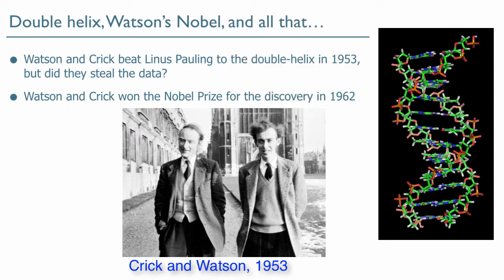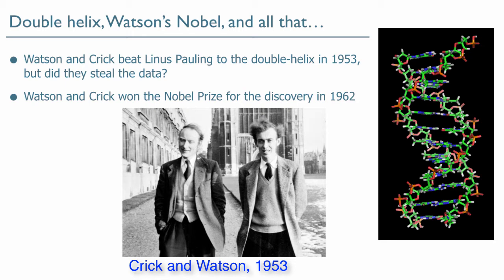This was much to the chagrin of Linus Pauling, who was hot on the trail, really trying to figure out the structure of DNA. He got stuck with his own idea, which turned out not to be the correct one, and Watson and Crick figured it out.